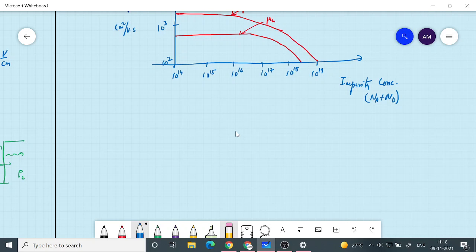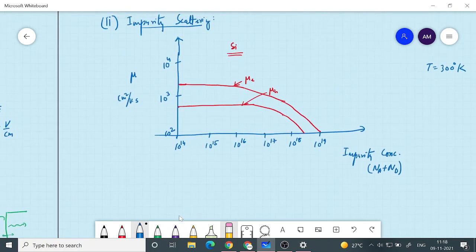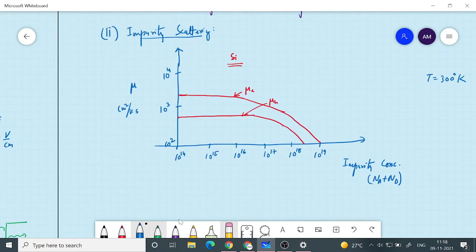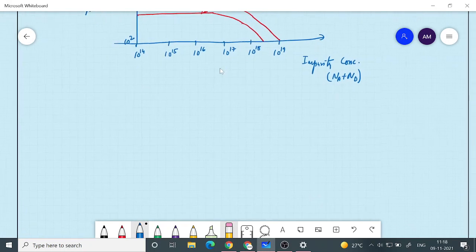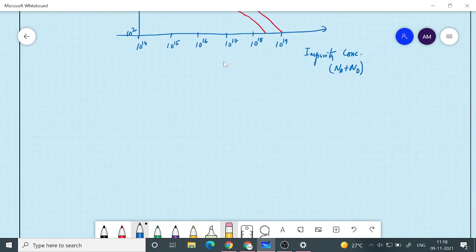Yeah. Okay. So the impurity scattering we can put as mu I. Earlier I used mu L, so here I can put mu I. So this is the effect of impurity scattering. Now, one question is how do we combine these two?